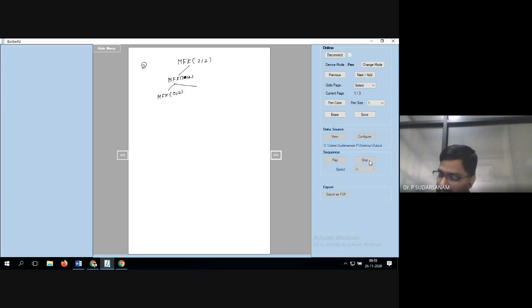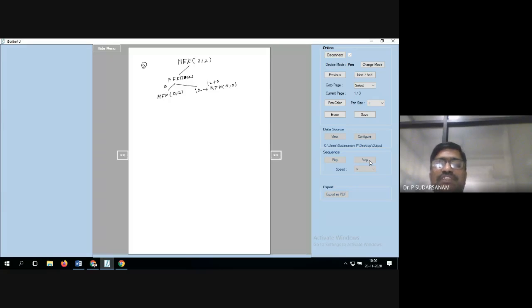So 0 comma 2 is nothing but 0. On the right hand side, V1 is nothing but 12 plus MFK of i minus 1, which is 0, and j minus w of 5, which is 2 minus 2, 0. So now what will happen? 12 plus 0.